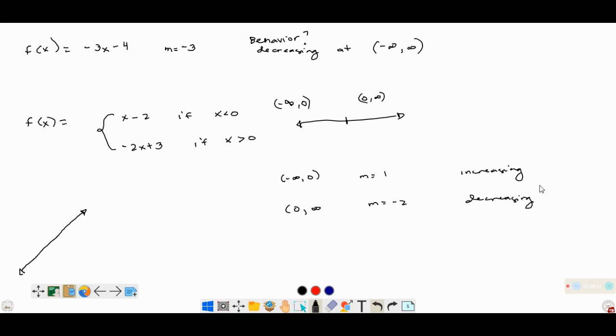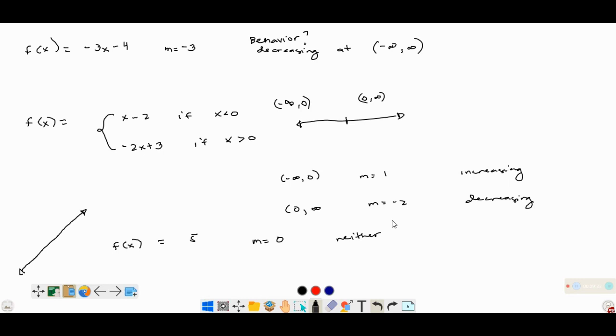Now, let's move to another example. Halimbawa, meron kang f of x is equal to 5. What will be the behavior of this function? Will this increase? Decrease? What? Okay, the m slope is 0. So, this is neither decreasing nor increasing.